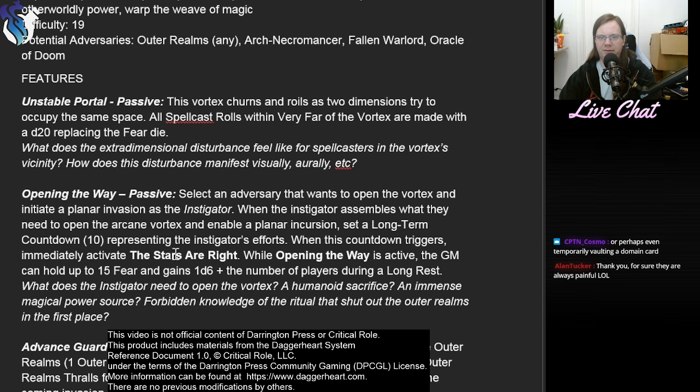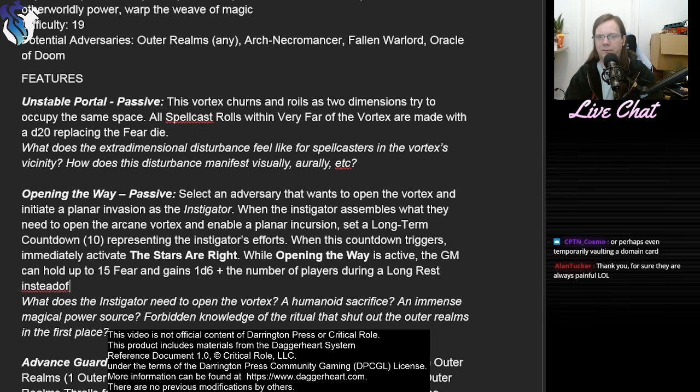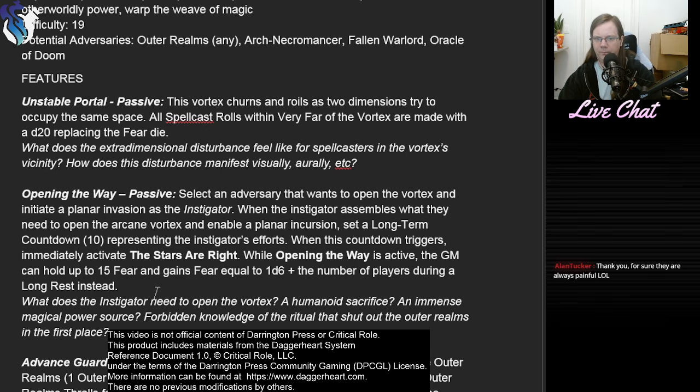While this is active, the GM can hold up to 15 fear and gains fear equal to 1d6 plus the number of players during a long rest instead of 1d4 plus the number of players.